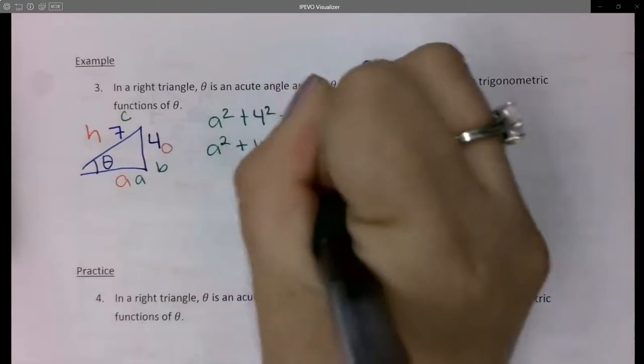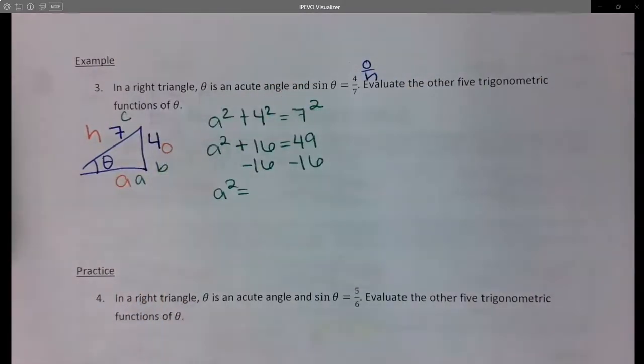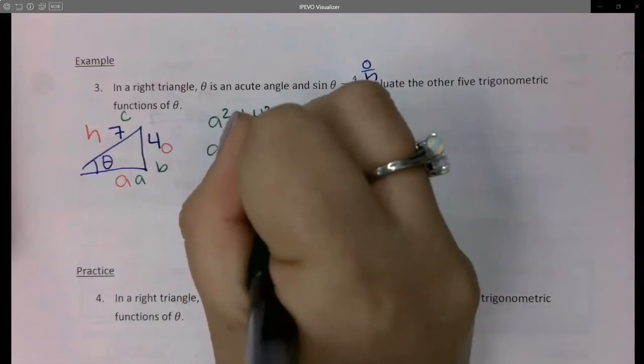Then I want to go ahead and subtract 16 from both sides. 49 minus 16 gives me 33.